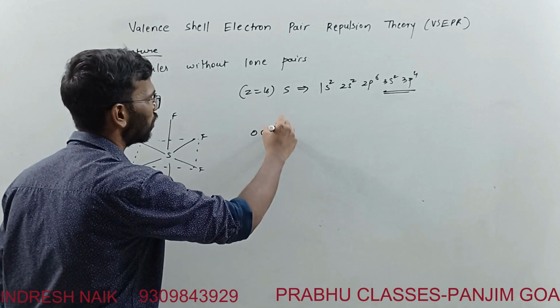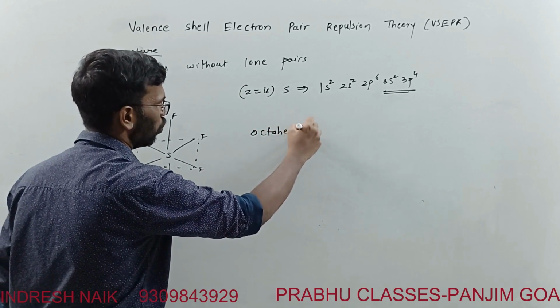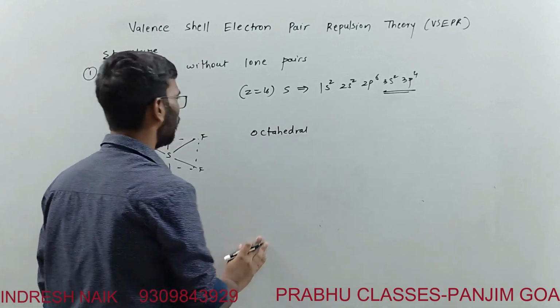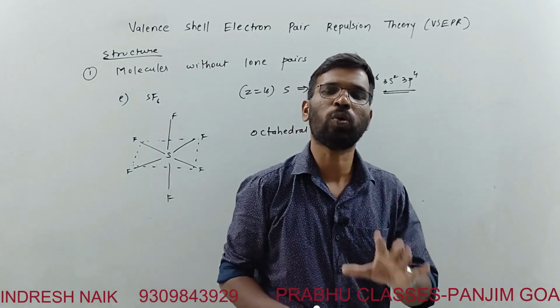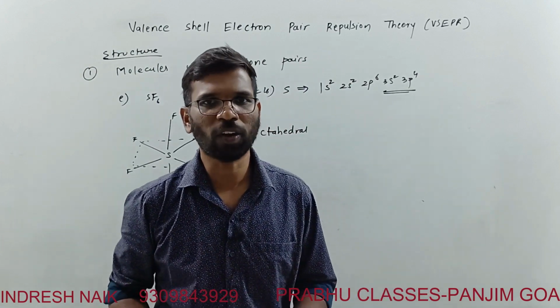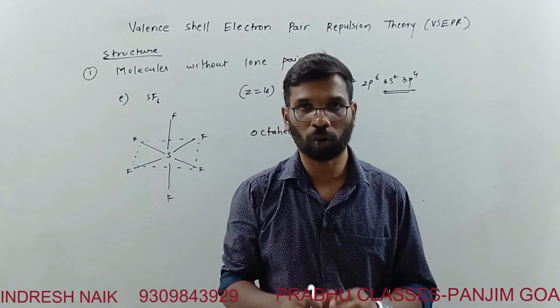I forgot to mention, this is called octahedral, the arrangement of the electron pair or the geometry. See, when there is no lone pair, there will be 2 terminologies. One is the arrangement of the electron pair and the other is the geometry or structure.